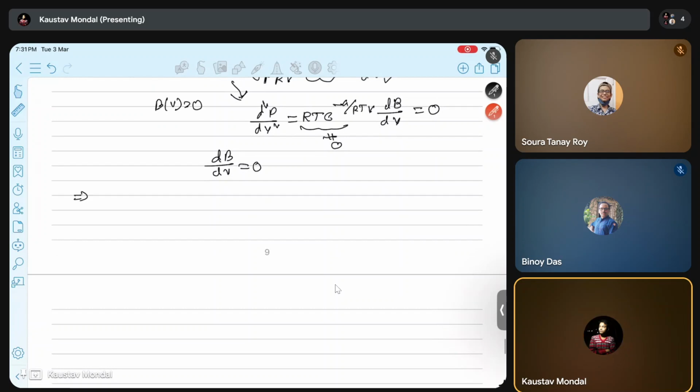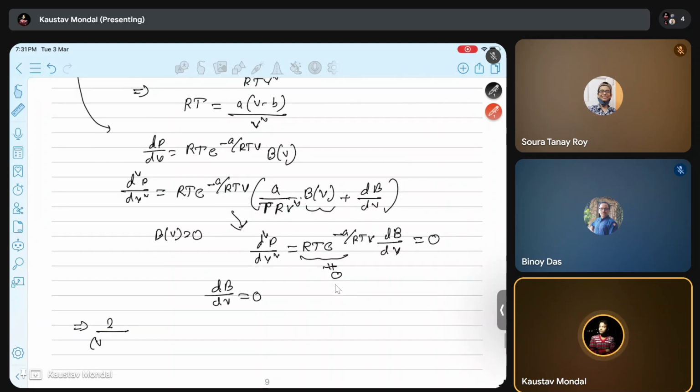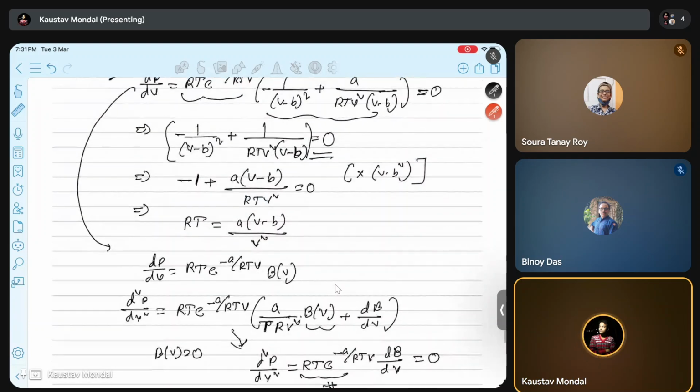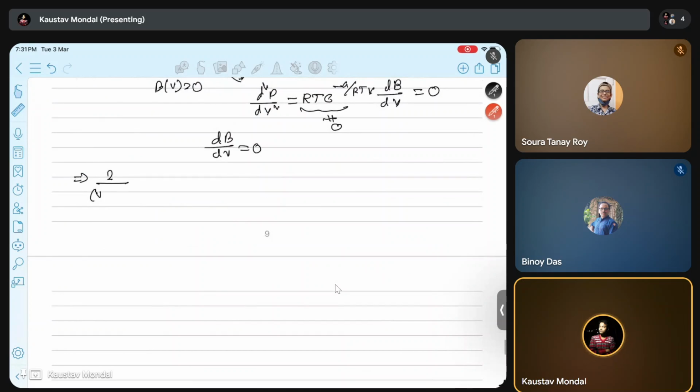So now dB by dV you have to evaluate. So dB by dV is nothing but 2 by V. This is the expression of B(V). So if you take the derivative with respect to V, it will give you this minus A by RT by 2 by V square, V minus b, plus 1 by V square, V minus b whole square.